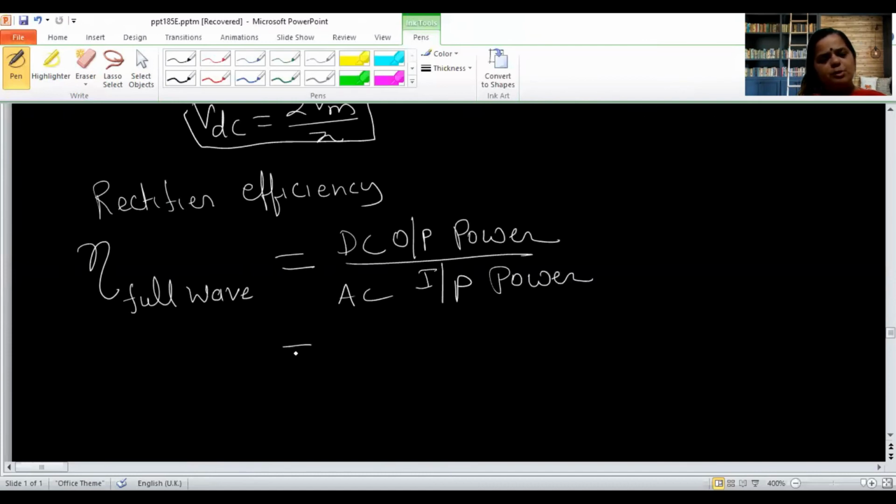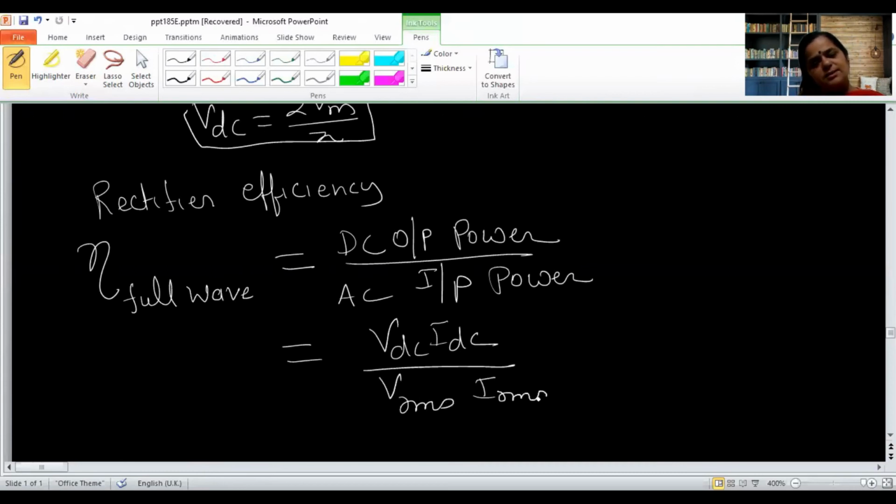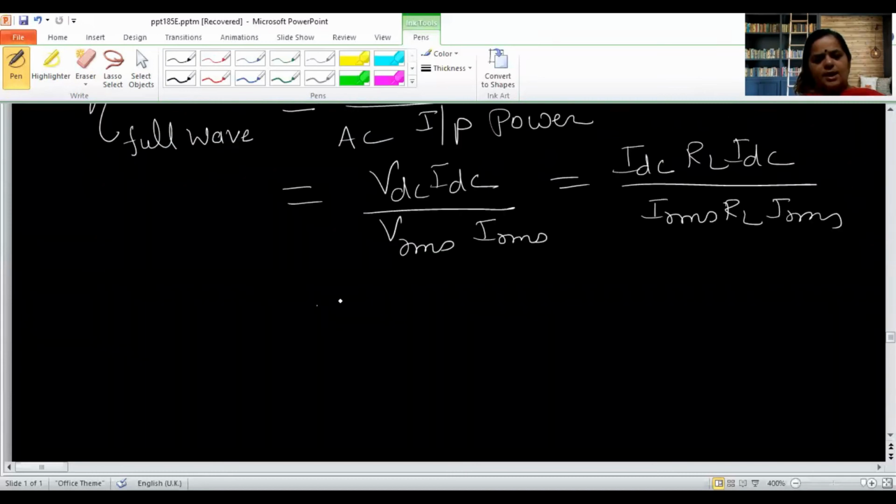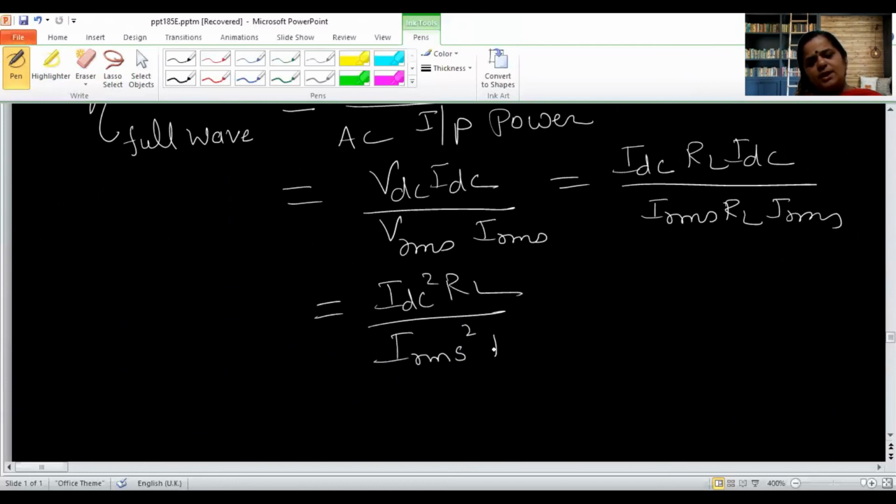Now DC output power I can write as VDC into IDC, and the AC input power as VRMS into IRMS. VDC I can write as IDC into RL into IDC, and here also I can write it as IRMS RL into IRMS. So finally I get IDC square into RL upon IRMS square into RL.